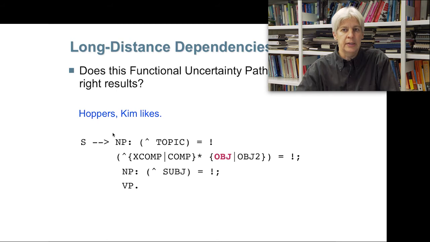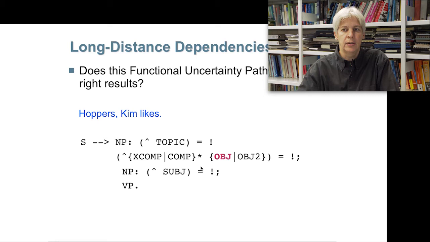Let's take the simple example, Hoppers Kim likes. Okay, so we use our rule. We say Hoppers, this is this NP, it's the topic, followed by Kim, which is the subject, followed by a VP, which only contains this verb likes right now. Now, what do we know? So we know this is the subject. How do we figure out what this is?